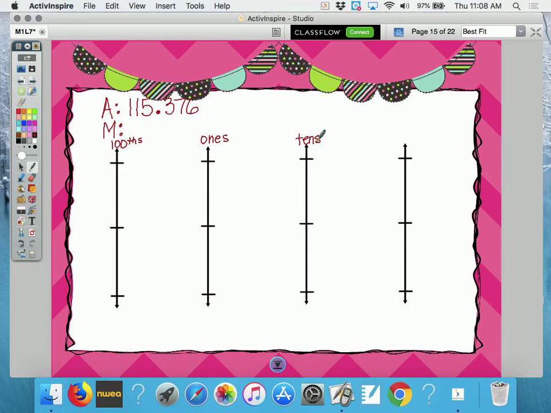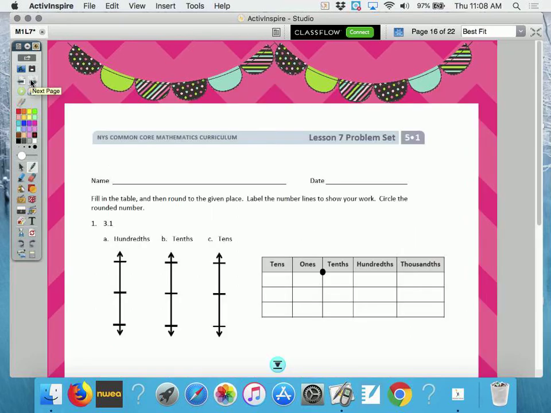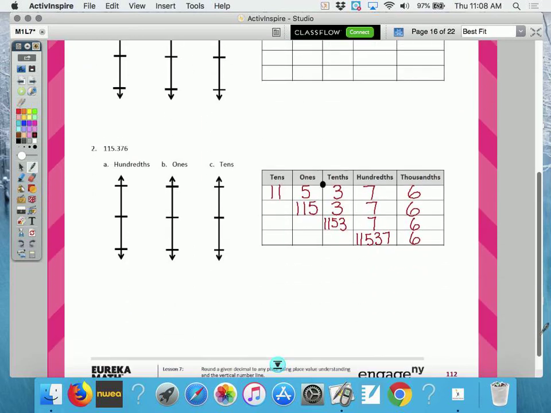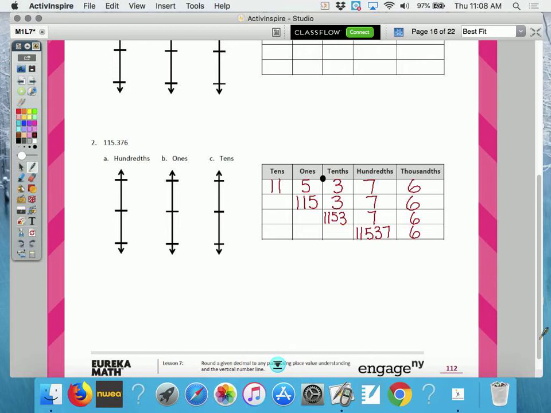Okay. So we're going to round 115 and 376 thousandths 3 different times, okay? I'm going to look at that place value chart. Starting with the hundredths, what should I highlight? 11,537 hundredths.